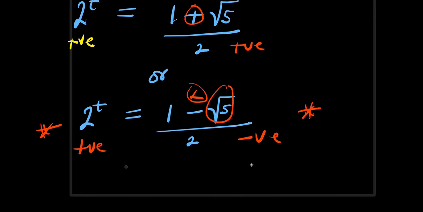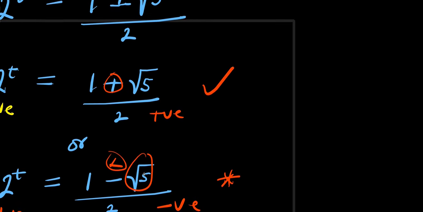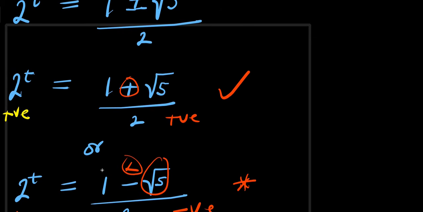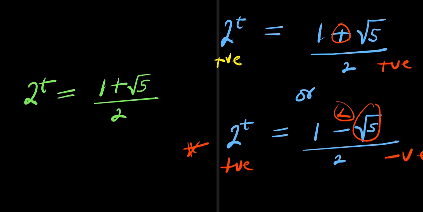You are going to neglect this because this will result in complex solutions. So we consider this real solution and let's solve for this. So we have 2 power t equals 1 plus root 5 divided by 2.